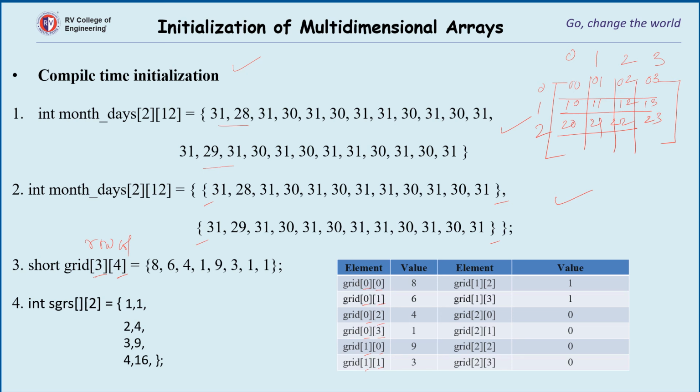This is how the indexes are written, and always the compiler starts filling the elements row wise. So if you observe here, it is stored as 8 6 4 1, then 9 3 1 1. The remaining elements will be filled with zeros.